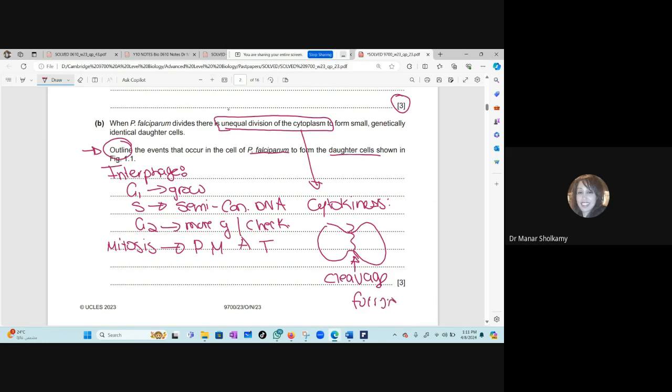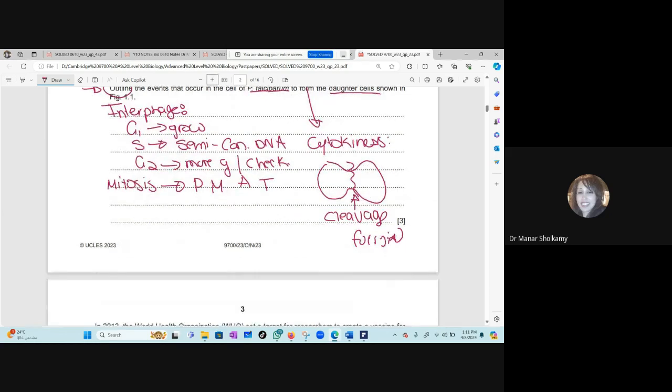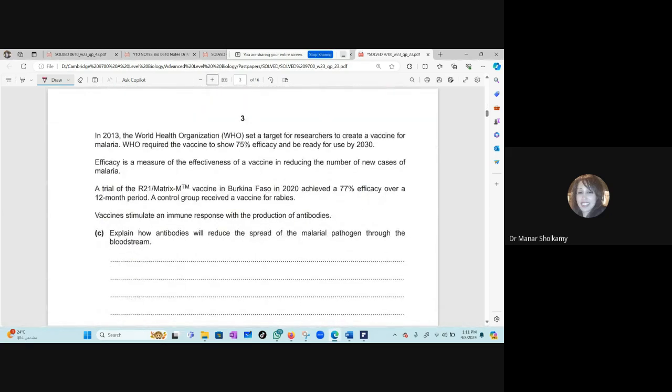It will pinch off, like it will squeeze from the middle. And cytokinesis in animal cells is different from cytokinesis in plant cells. The cell will divide until it forms identical daughter cells. Okay?